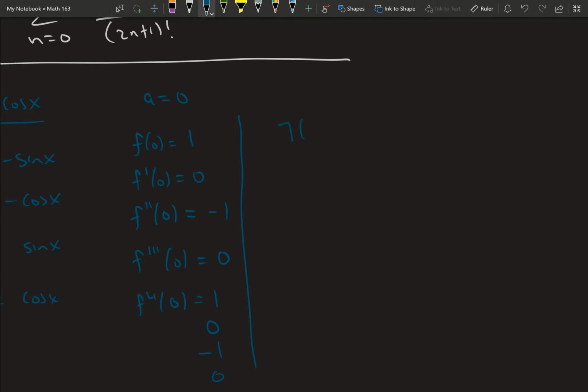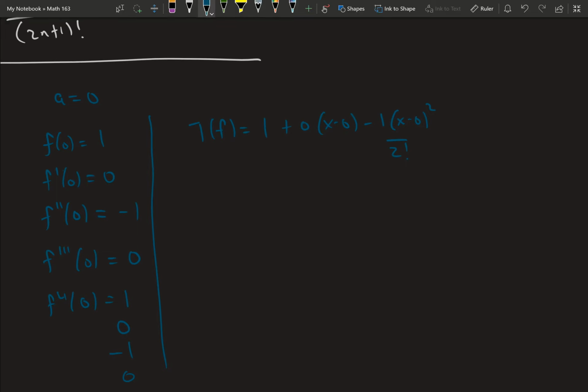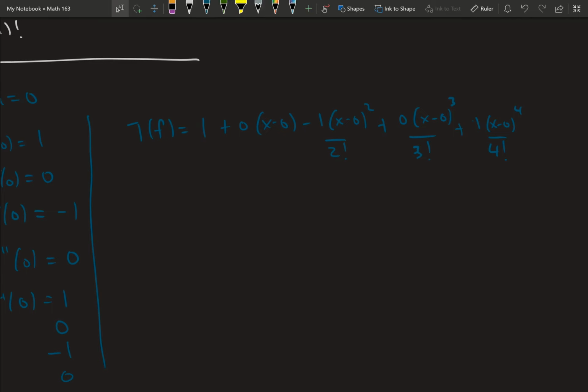So our Taylor series for this particular function is 1 plus 0 times x minus 0, minus 1 times x minus 0 squared over 2 factorial, plus 0 times x minus 0 cubed over 3 factorial, plus 1 times x minus 0 to the 4th over 4 factorial, and so on and so forth.